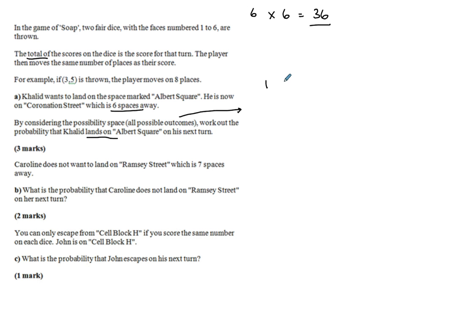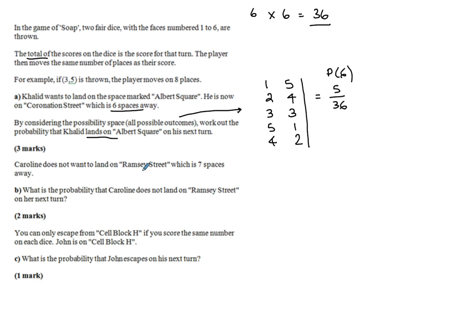You'd get 1 and 5, 2 and 4, 3 and 3, but he could also get it the other way around: a 5 with one dice and 1 with the other, 4 and 2. He couldn't get 3, 3 again. So we've got 5 of them there. So the probability of getting a 6 is 5 out of 36.